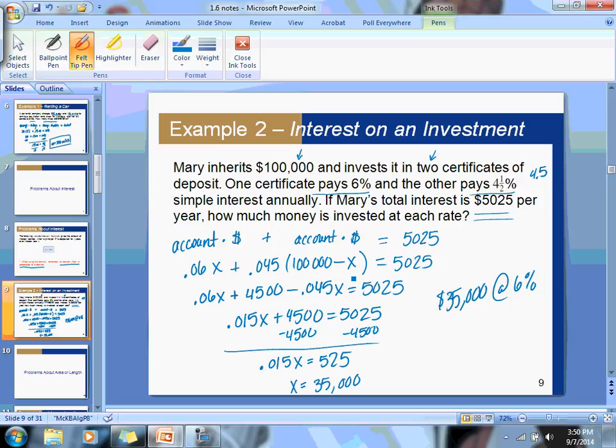So 100,000 minus 35,000 will be 65,000. And that's how much she put in the other account at the 4.5%. So again, on a quiz or a test, we would expect you to say, Mary invested $35,000 at 6% and $65,000 at 4.5%. So we want you to make a complete sentence.